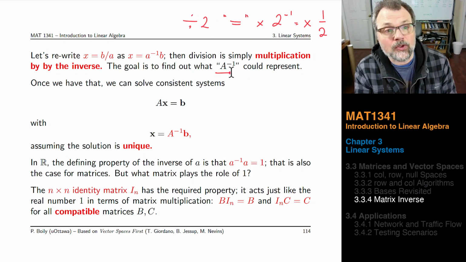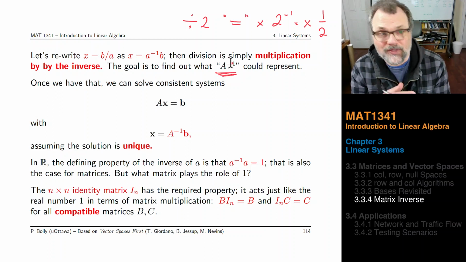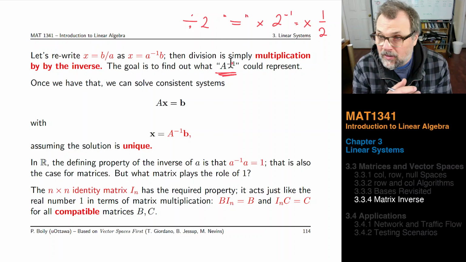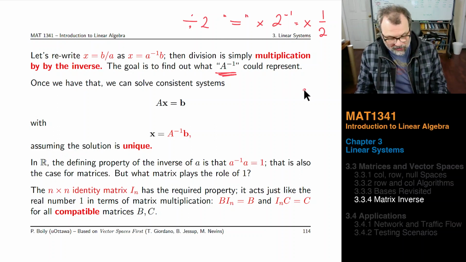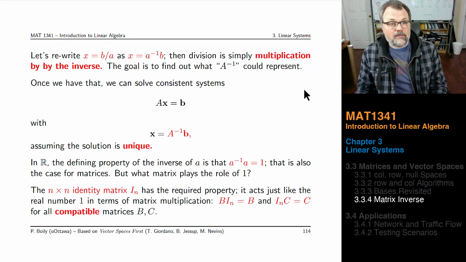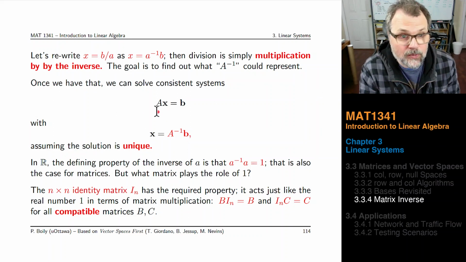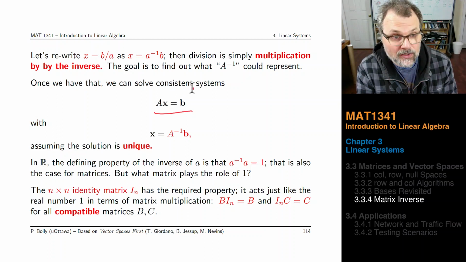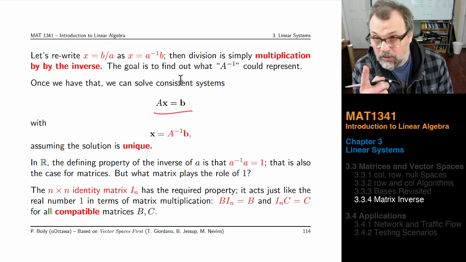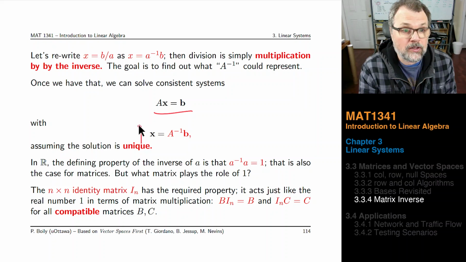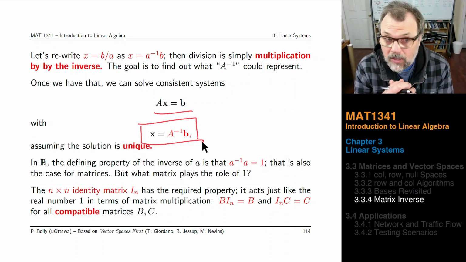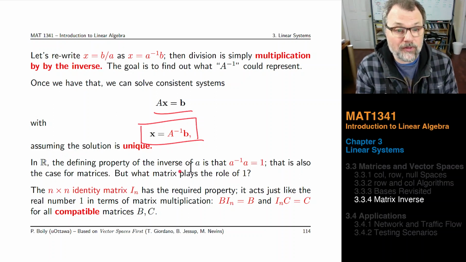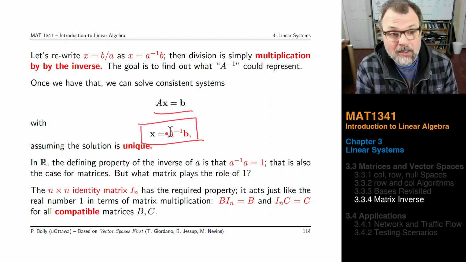Now what we're trying to do is to say, well, what would that thing actually represent if we had A inverse? What could it mean? Now, if we know that, then it'll be easy, because then the system Ax = b, assuming that it is consistent and that it has a unique solution, its solution is simply going to be A inverse times b. But in order for this to make sense, you at least need the dimensions to be compatible.